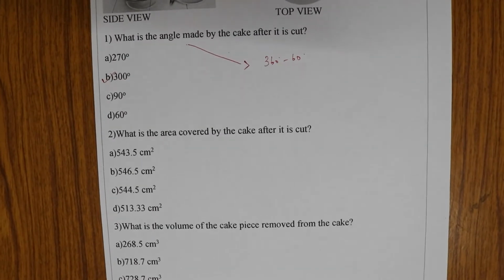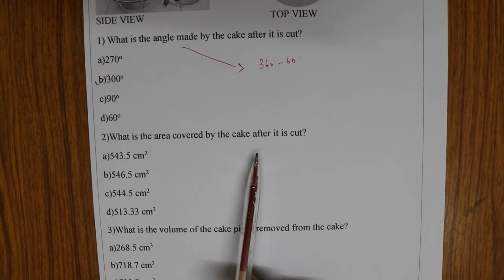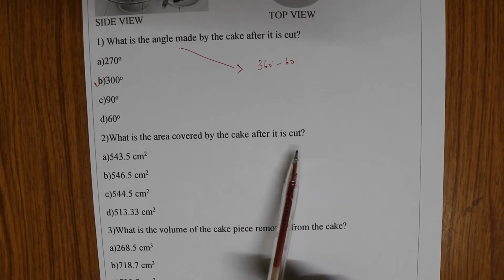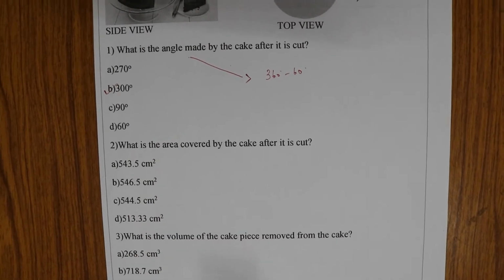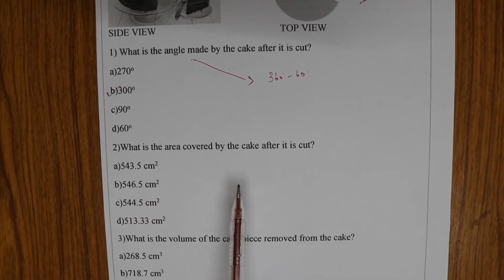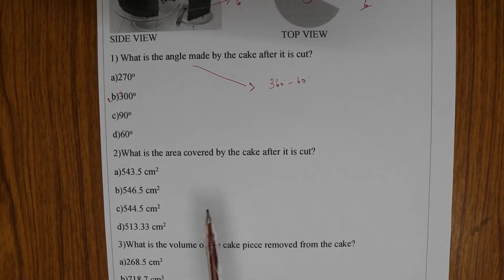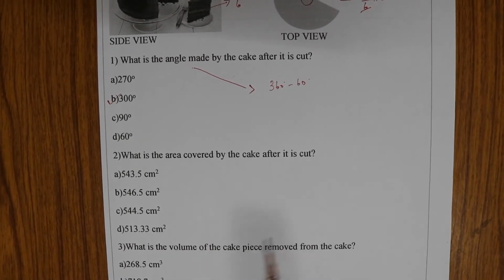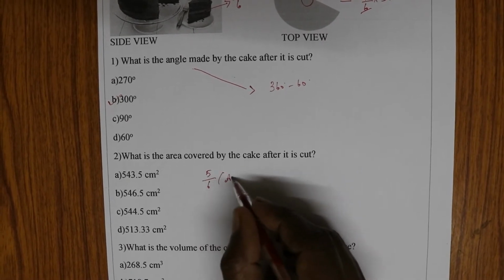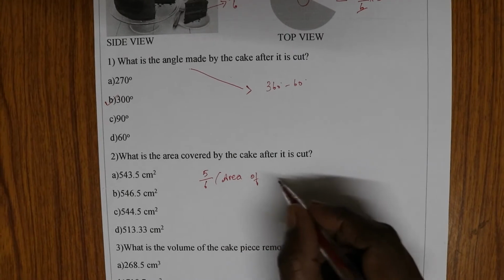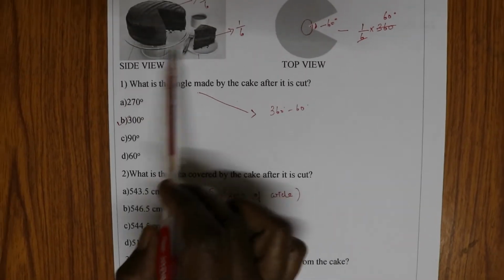Then second question. What is the area covered by the cake after it is cut? So the area covered by the cake before it is cut is a circle. 1/6 of the portion is being removed, so what will remain is 5/6 of the area of the circle, because the cake looks like a circle.